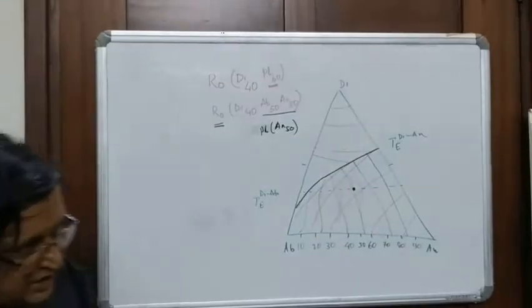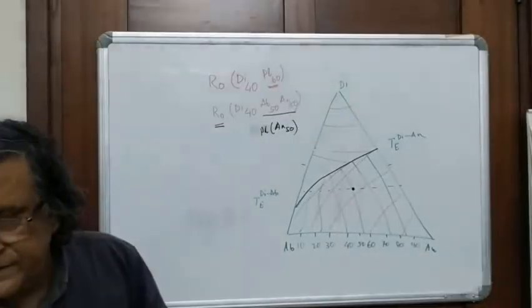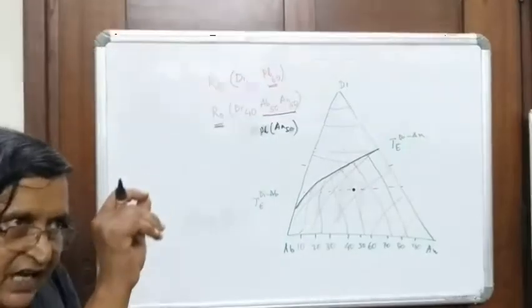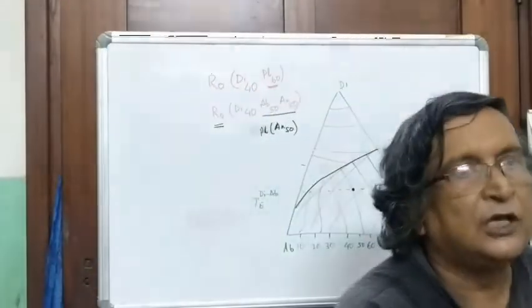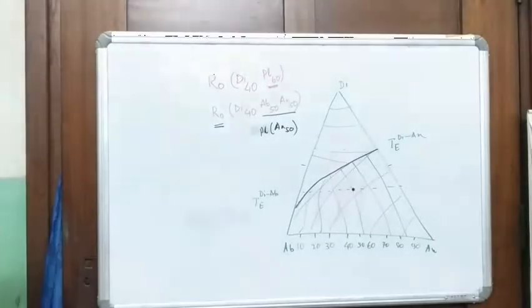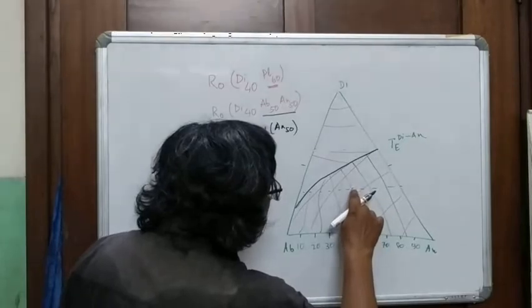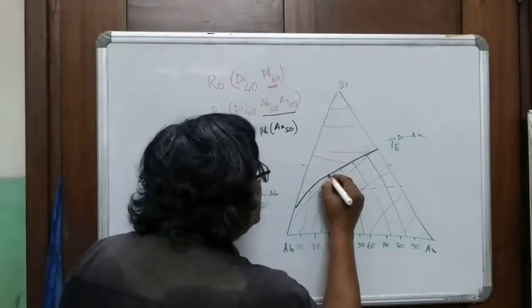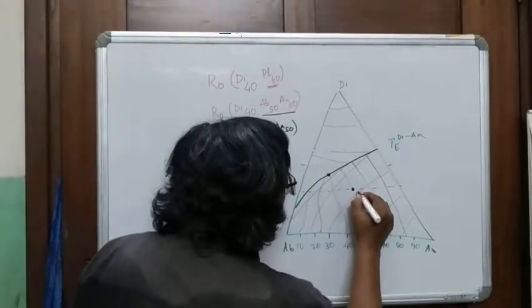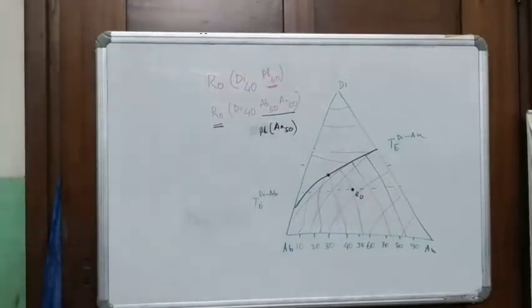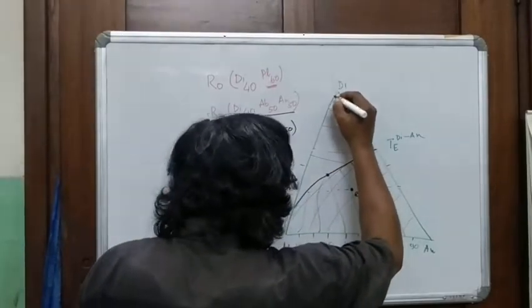And since the melt composition is on the boundary curve, the point where that isopleth meets the boundary curve is the composition of the melt. So if this is plagioclase 50-50, then the corresponding composition will be on this side. So this is R0, and this is the composition of the melt. So you will have a tie line.